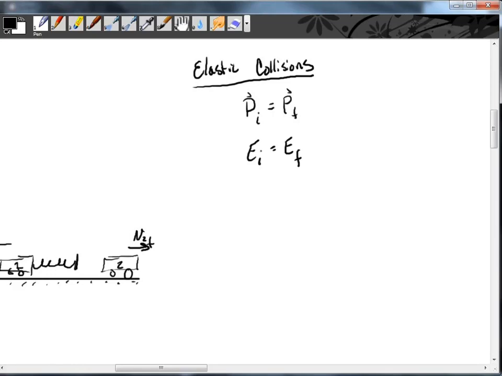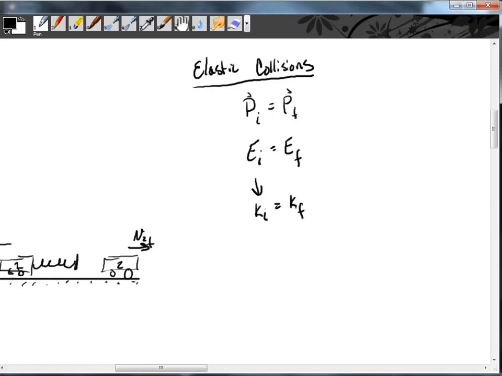Okay. However, if we're talking about our carts down here, then we don't have any change in gravitational potential energy, and the change in our spring potential energy is internal to the system, right? The spring is within the system, so there's no change in mechanical energy. So really, what happens here is this is K initial and K final.